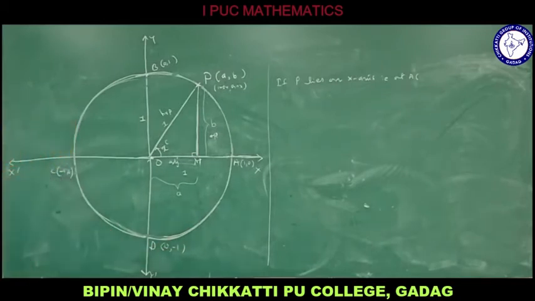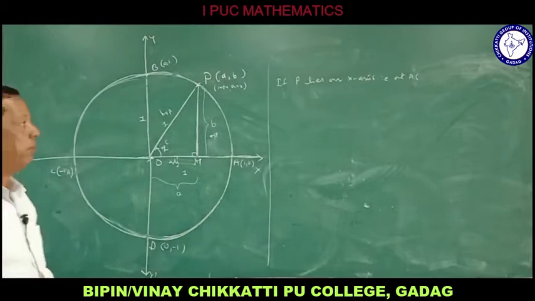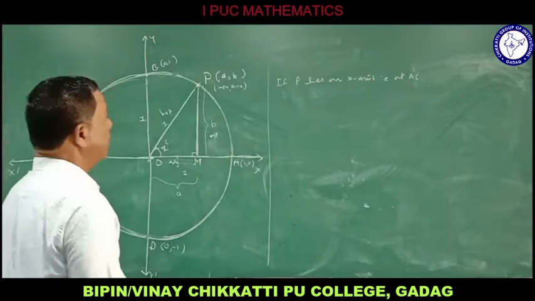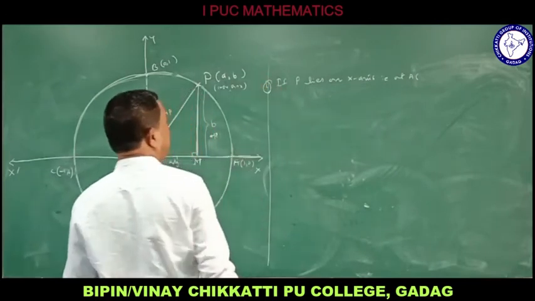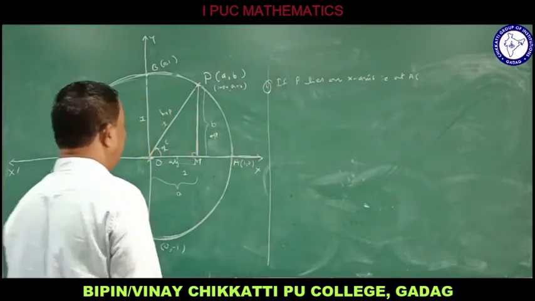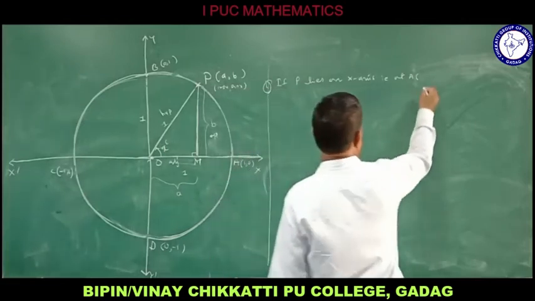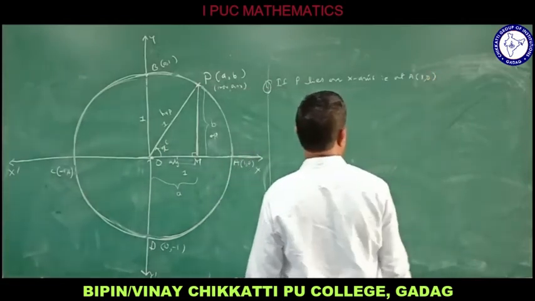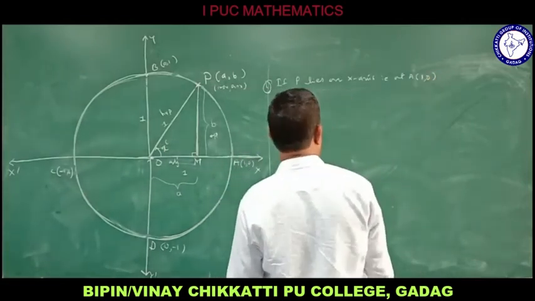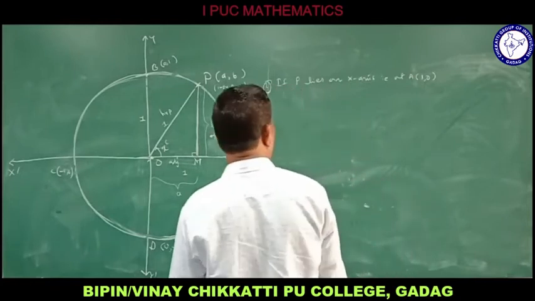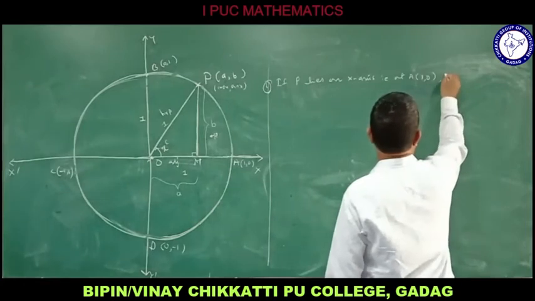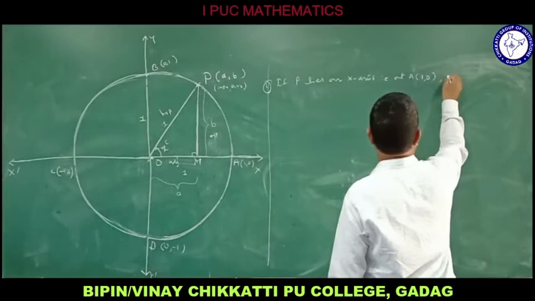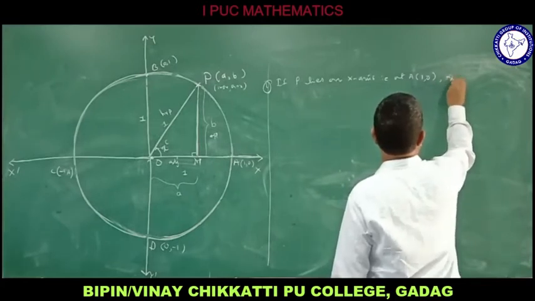These are the coordinates. Now, based on that, P lies on the x-axis, that is at A, you will get 1, 0. Now, at A, 1, 0, what is the angle that you have to see? The angle x is equal to how many?